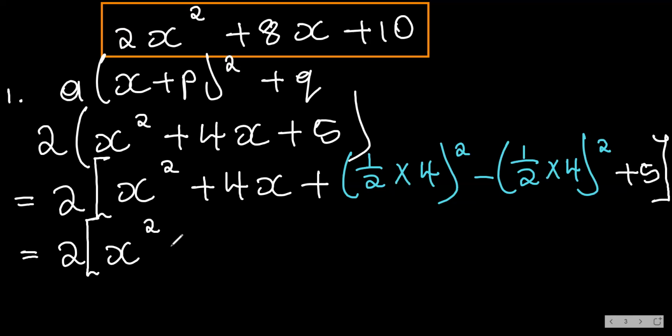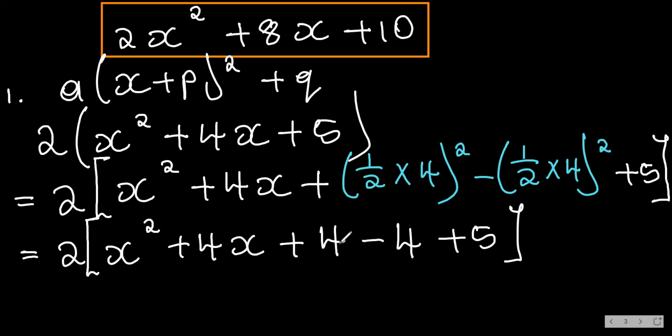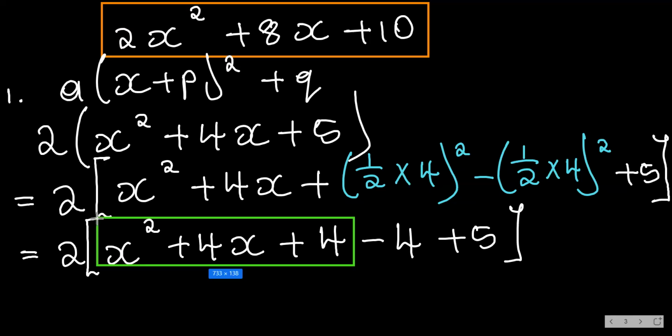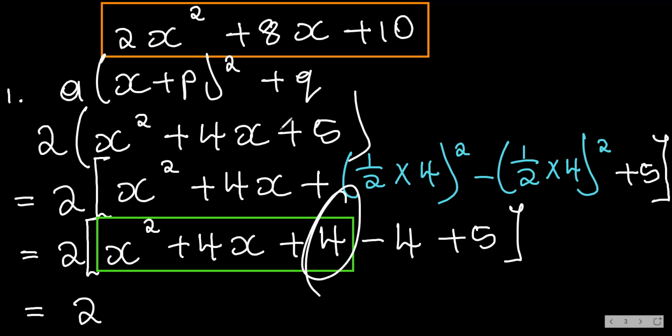Then we still have our x squared plus 4x. When you say half times 4, you get 2. And 2 squared is 4. So we have 4 minus 4. And then we say plus 5. Then now we are going to focus on the first 3 terms and factorize them. Factors of x squared, that's x and x.